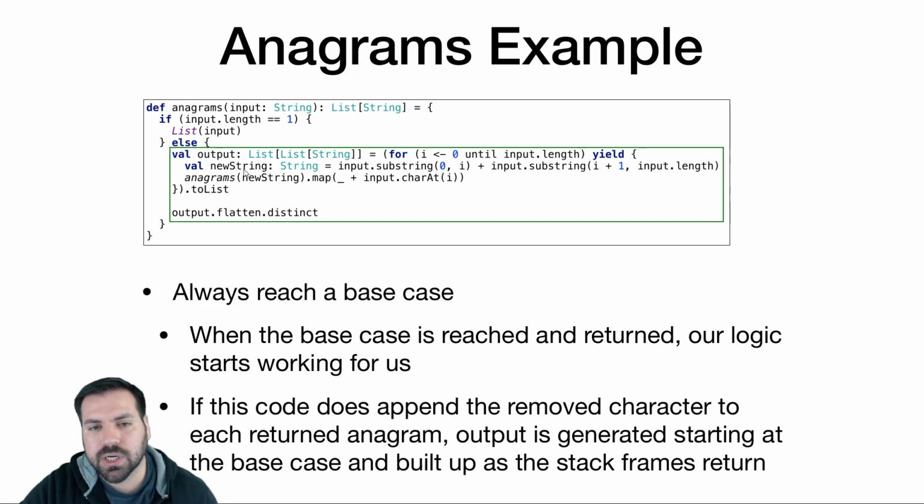That gives us a new string with that character removed. We're going to make our recursive call on that string with the character removed. And then for each value that this returns, we're going to add that character to the end of that list.